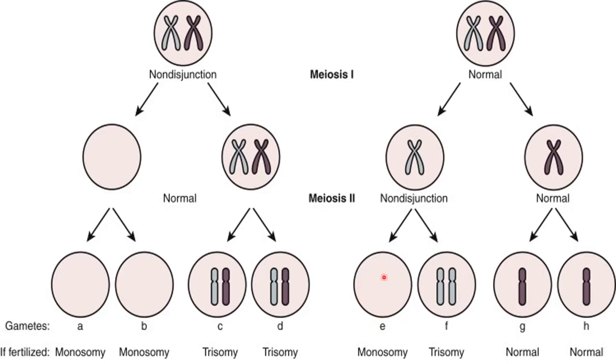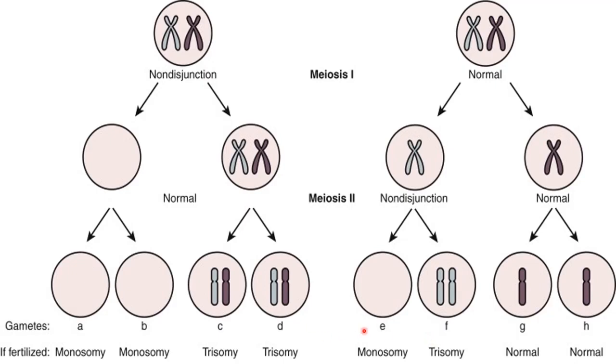The gamete which does not receive any chromosome will be deficient in one chromosome, and the other will get an extra chromosome. So this condition can also create monosomy or trisomy, a type of chromosomal mutation or chromosomal numerical aberration.